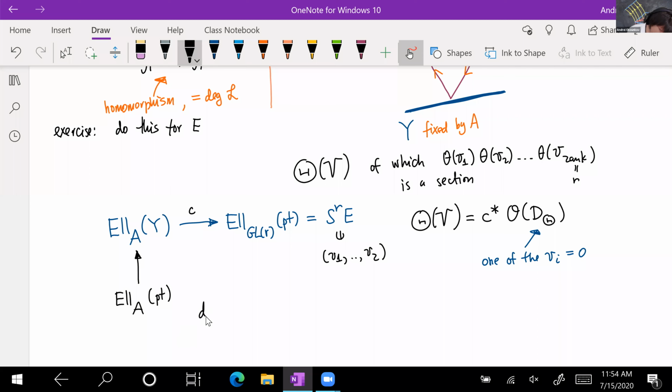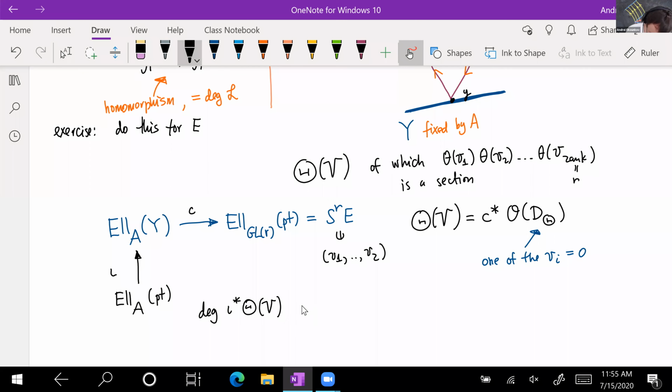The degree of just the inclusion of any point doesn't matter, so we fix some point y. The degree is not going to change. So the degree, we take iota pullback of this theta V.